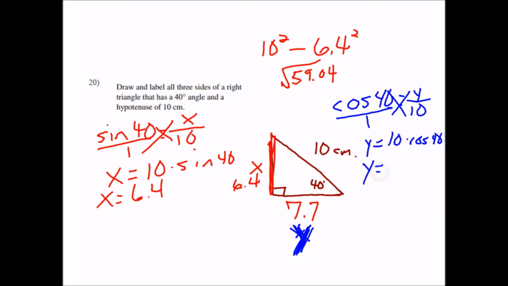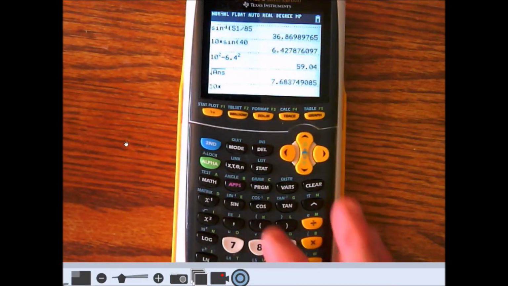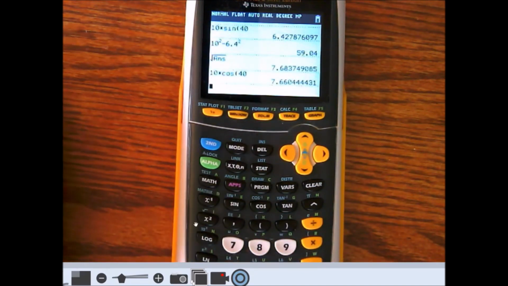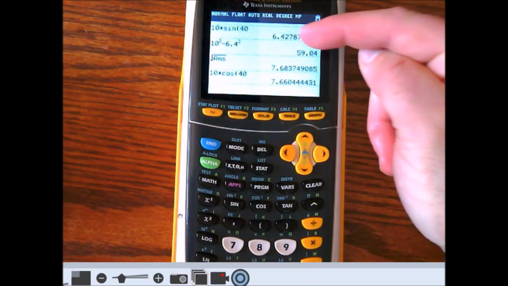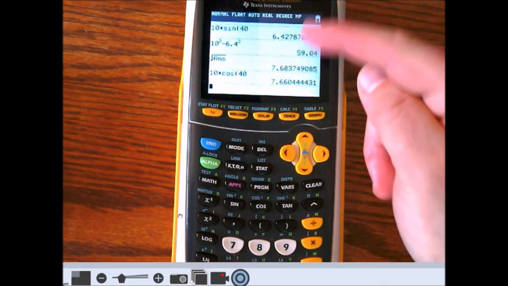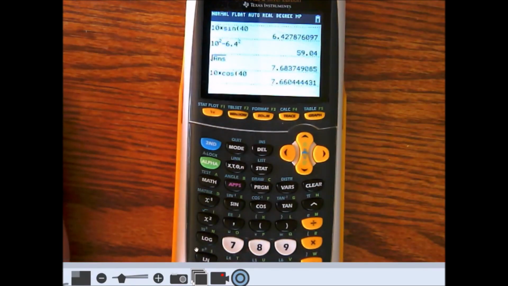And I bet when we do this on our calculator, we'll get something close to 7.7. 10 times cosine 40. Hey, would you look at that? 7.7. Now the reason why they're not exactly the same is that I rounded this to 6.4, and that made this round a little differently. So 7.7.